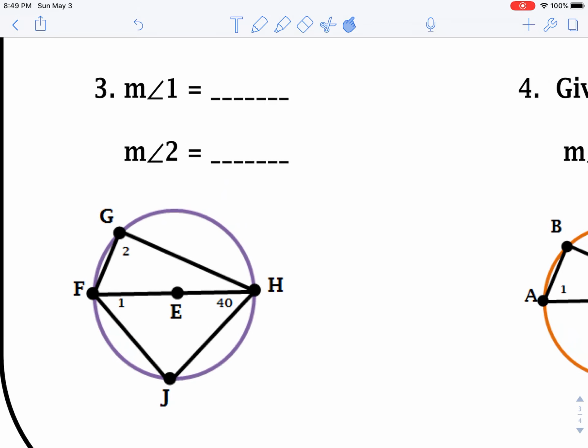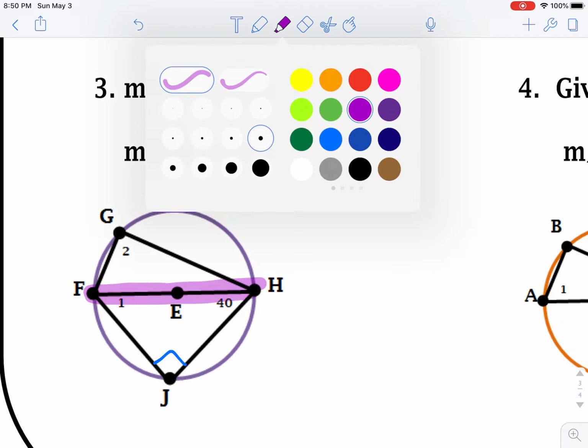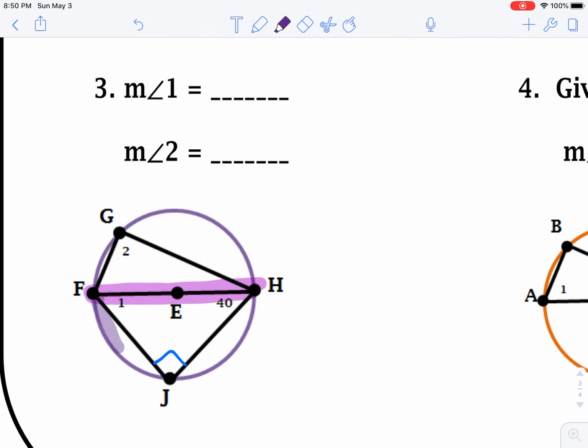Okay, the next one. Looking for angle 1 and angle 2. First off, I see, again, a diameter, so that means angle J is 90 degrees. Looking from the other side, let's make it this darker purple.